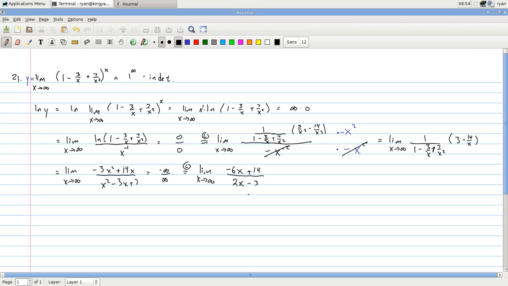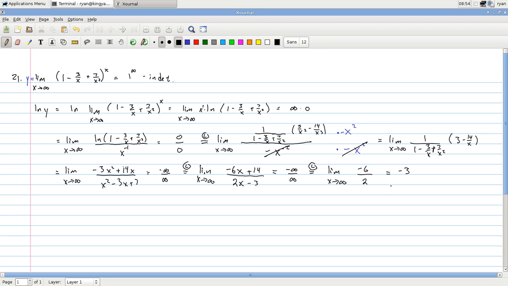Evaluating this by direct substitution, this looks like negative infinity over infinity again. So we apply L'Hopital's rule another time. This leaves us the limit as x goes to infinity of negative 6 over 2, and this leaves us with negative 3.